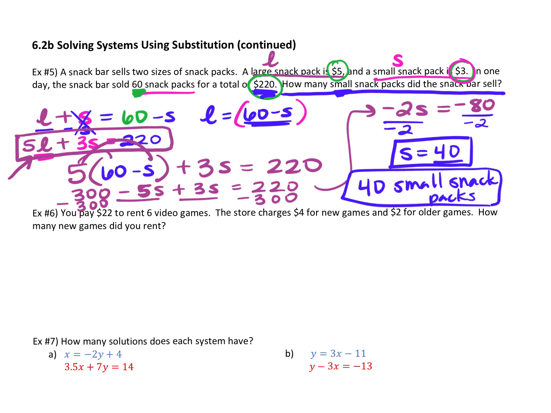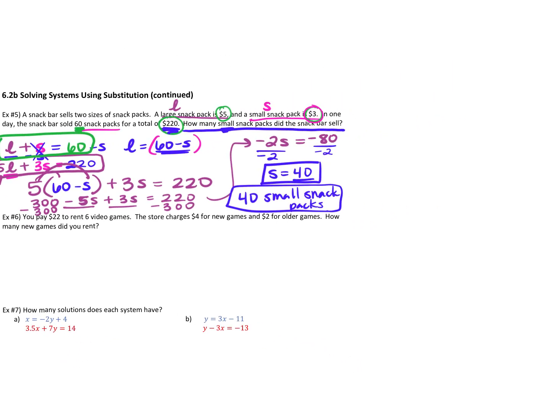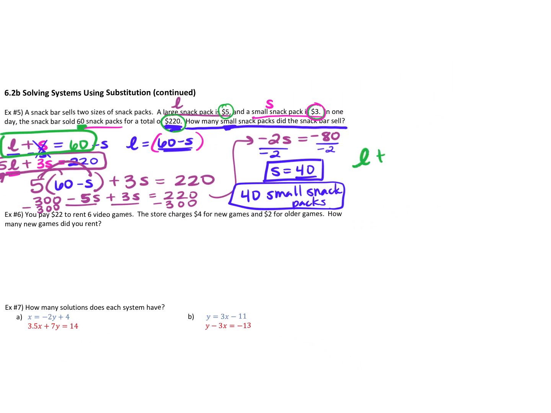Okay, but now here's the thing. Let's say you accidentally solved for L first. That's fine. We said at the beginning that L plus S equals 60, right? The large plus the small is equal to 60. So if you solved for L, you could plug L in and then solve for S in that equation, just like we were doing yesterday or 2 days ago with the substitution we were doing with X and Y, okay?